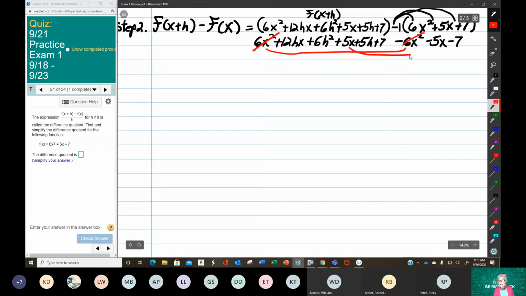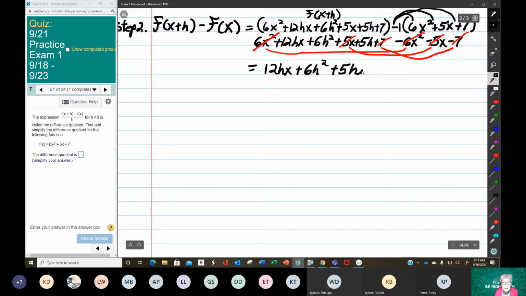And 5x minus 5x is 0. And 7 minus 7 is 0. So what you're left with is 12hx plus 6h squared plus 5h.